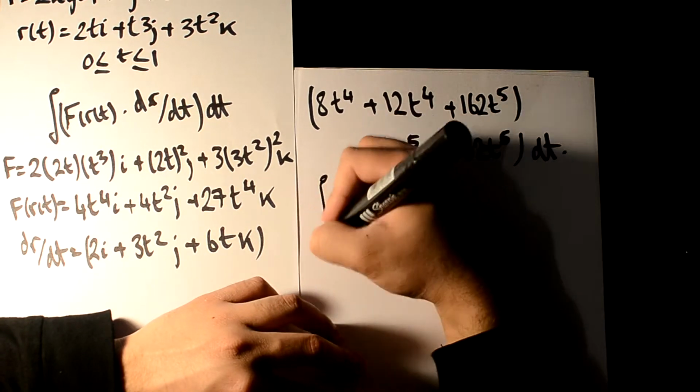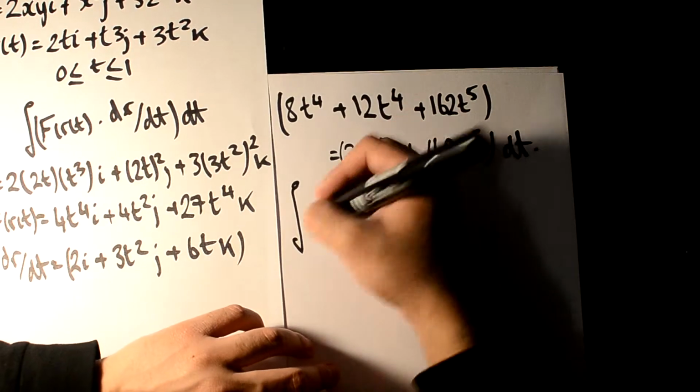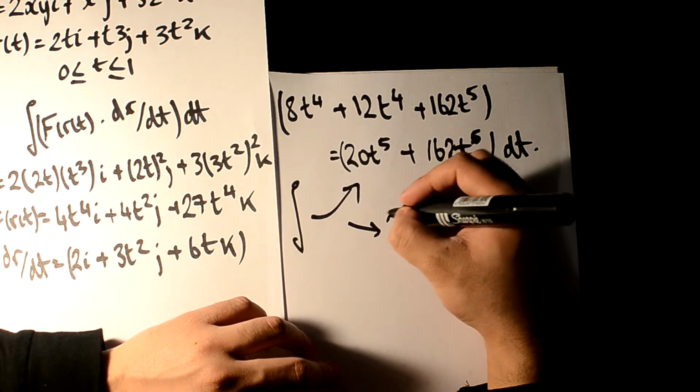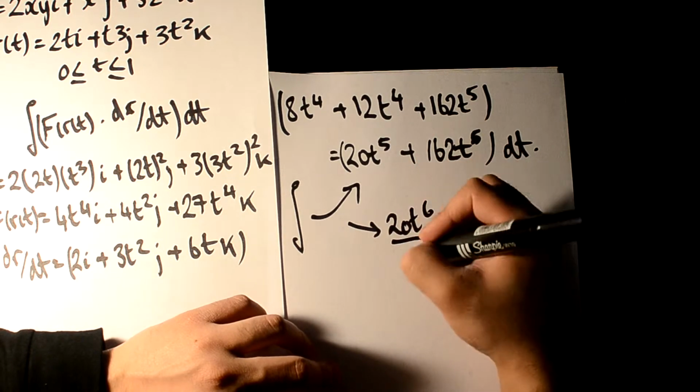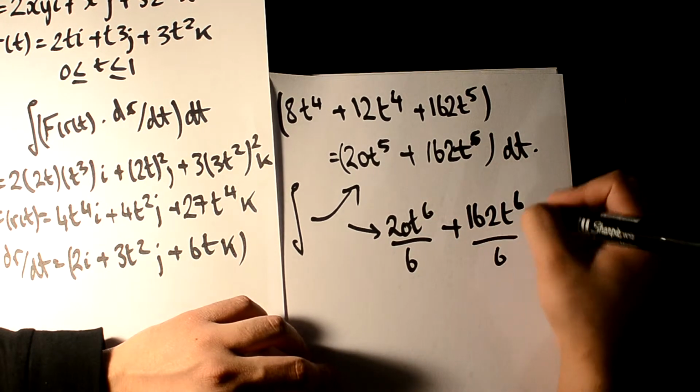And now we can integrate that. Integrate this. Sorry, that's a bit silly. I should have probably written that up here. Integrated, that's now going to become 20t over 6 plus 162t over 6.